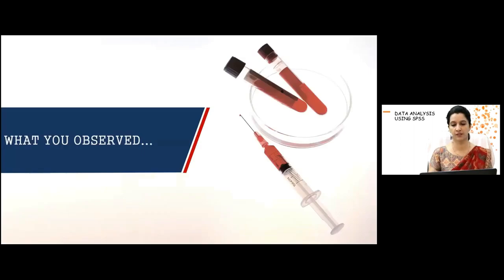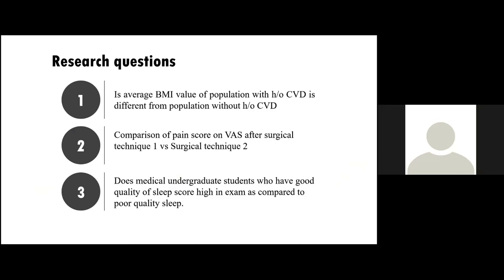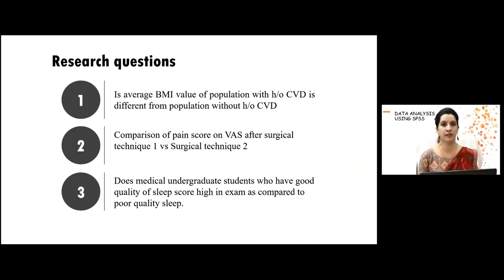In the first research question, the two categories were with history of cardiovascular disease and without history. The second was surgical technique 1 versus surgical technique 2. And the third was undergraduate students with a good quality of sleep and with a poor quality of sleep, and the scale variable in this case is marks scored in the exam.